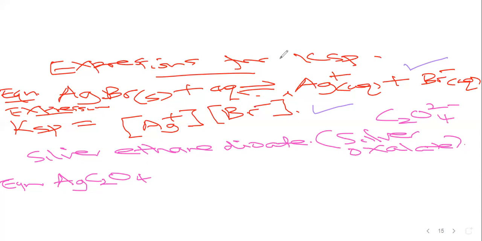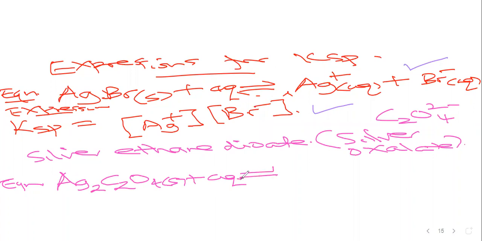What we do to make it correct is to write a correct formula. The correct formula becomes silver 2 C2O4 solid plus aqueous. Remember, we said we don't put brackets on the aqueous, it's not a state, it's showing dissolution.